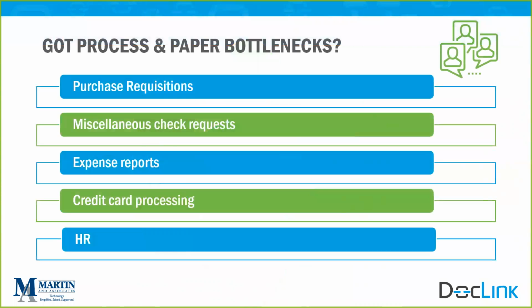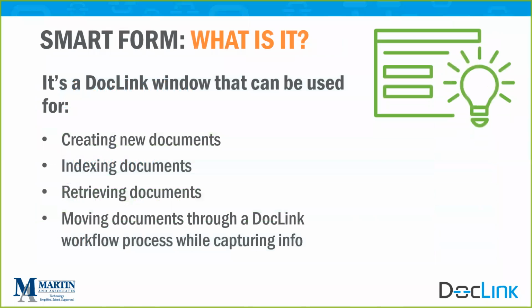So talking more about processes in general: purchase requisitions, check requests, expense reports, credit card processing, and HR. So not necessarily just invoices and approving them and that automation that goes along with it. There's a lot of different components that we can process improvements with DocLink.